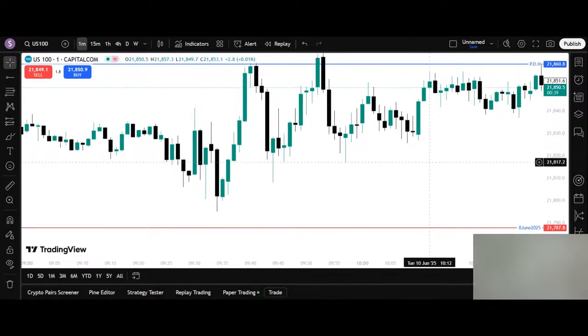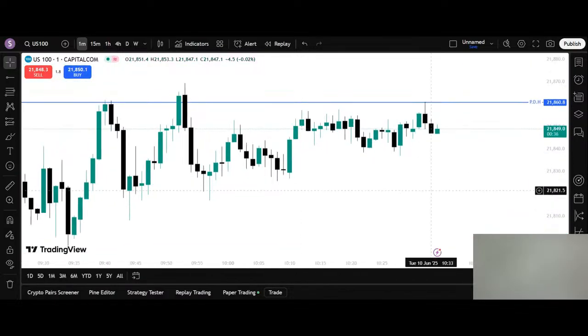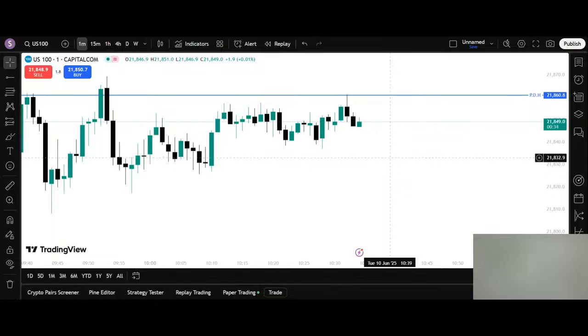Let's just wait for it. Price seems to be only gyrating between this, what, like 100, 200 ticks. We're just gonna have to sit through it.